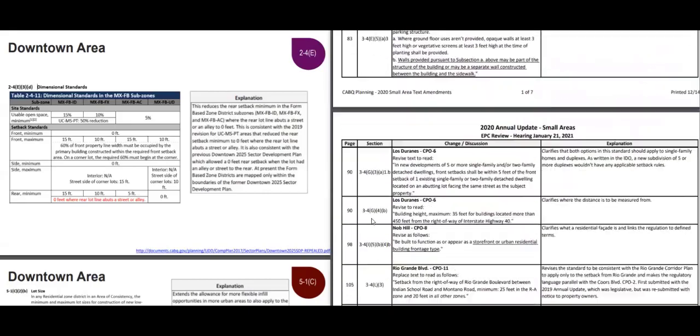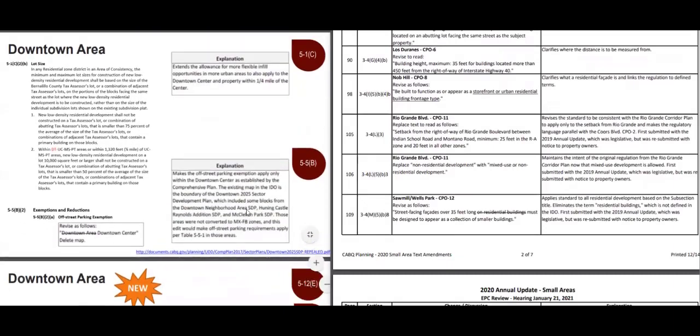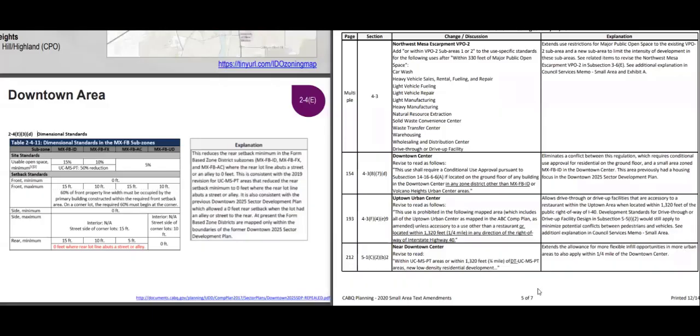Downtown area. So this next change is to the use-specific standards in the downtown area.